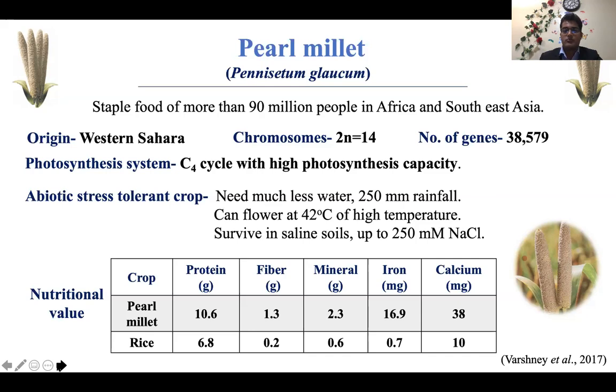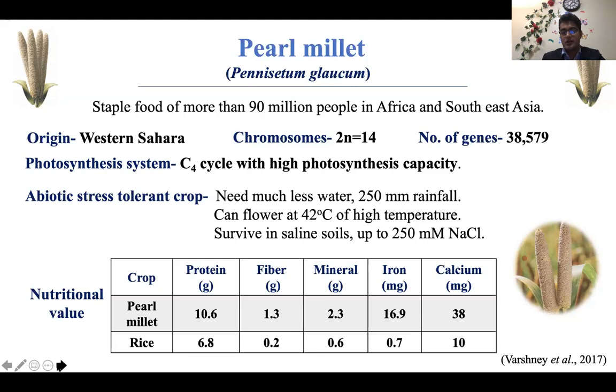If you go by production, number one is rice, number two is wheat, number three is maize, number four is barley, and then comes pearl millet. So it is one of the staple food crops. It originated in the West Sahara zone, which is very hot.